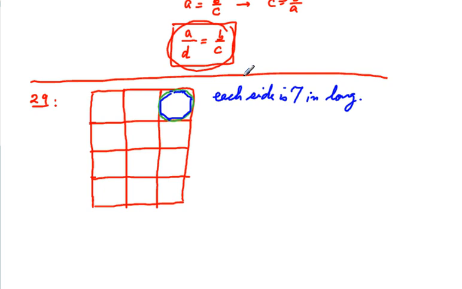That's a crucial piece of information. So we are dealing with a regular octagon, which is an 8-sided shape, and the side of the octagon is 7 inches long. What we are asked for is, what are the dimensions of the quilt? Is that what we are asked for? Yes. Find the radius of this green circle, which is referred to as a circumscribed circle.